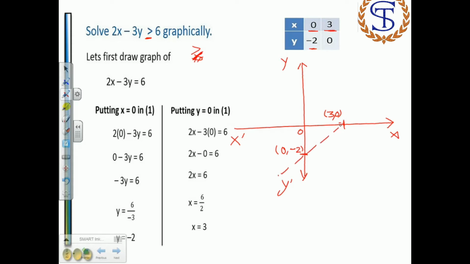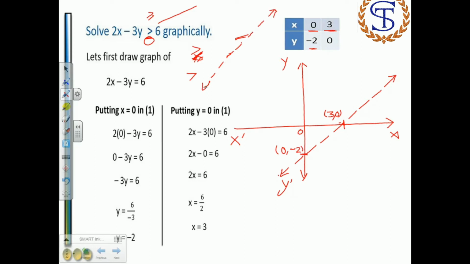Because in this inequality, the sign of equals is not given. If it is like this, then we have to draw the graph in a continuous way. But if it is only a sign of less than or greater than, then we have to draw the graph of the line in a dotted way.